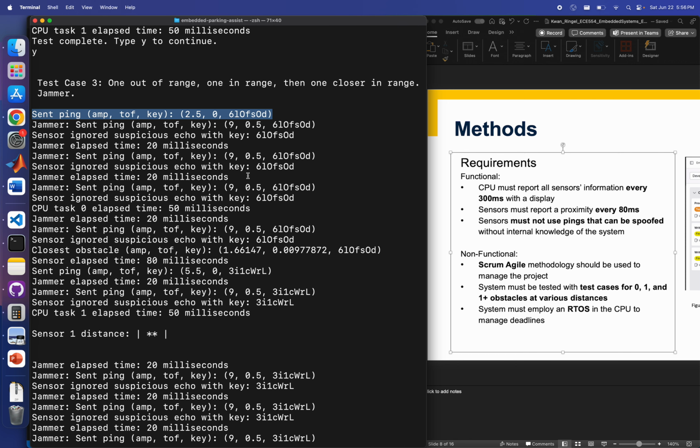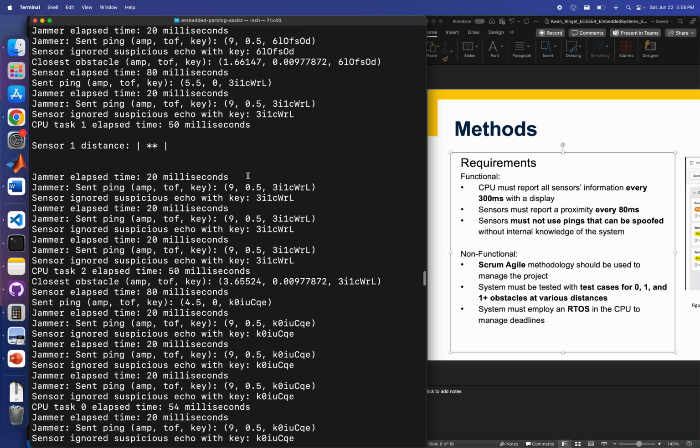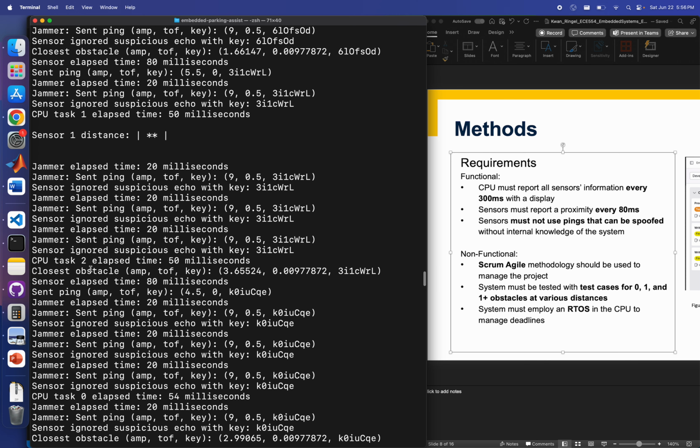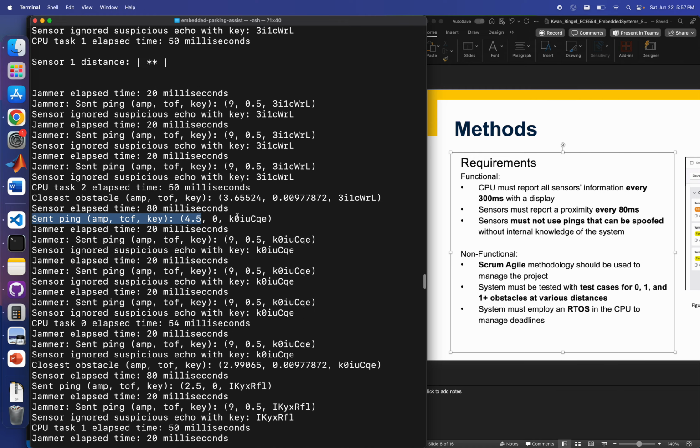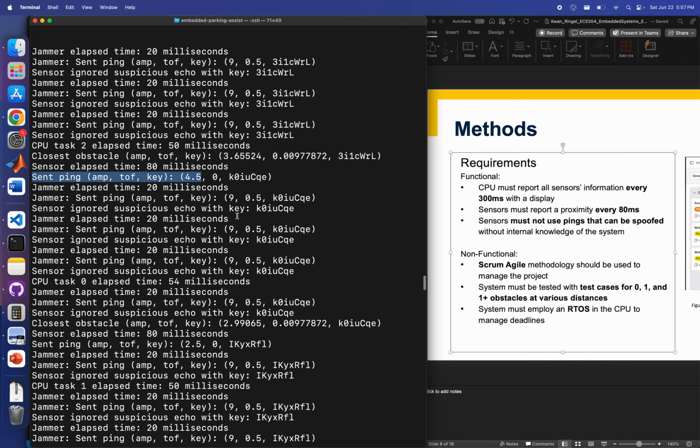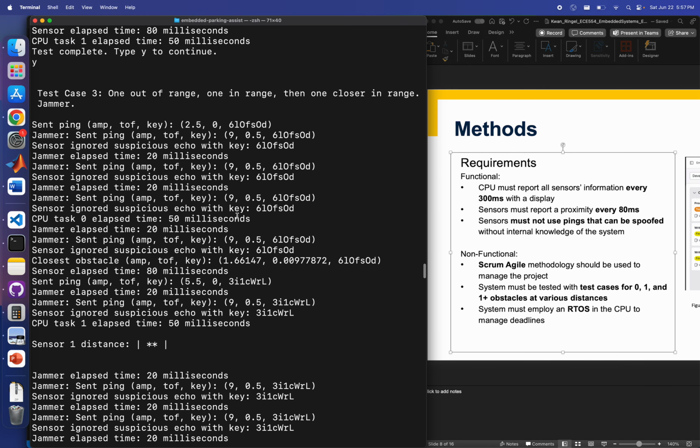So here it was at a 2.5 amplitude, and at the next ping it was also 2.5, and then here in this ping it was 4.5. And so it varies between a lower bound and an upper bound.